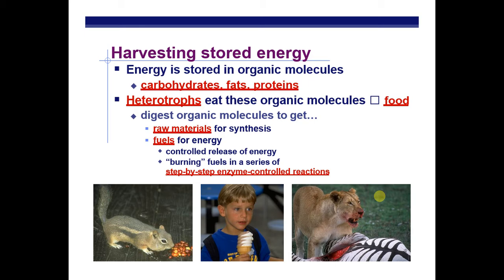The idea is that energy is stored in organic molecules, those macromolecules that we eat: carbohydrates, fats, and proteins. Heterotrophs, like us, that rely on other organisms for food, eat these organic molecules by consuming other animals, plants, or other living organisms, and then digest and break those molecules apart to get raw materials that we can use to synthesize more complex ones in our body, and fuel ATP for energy.